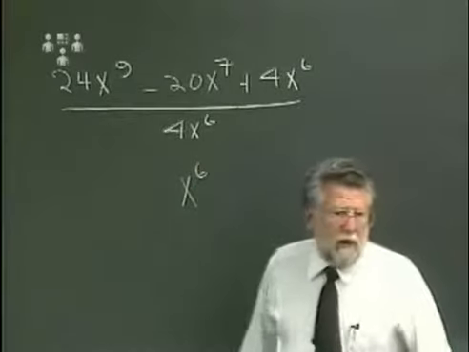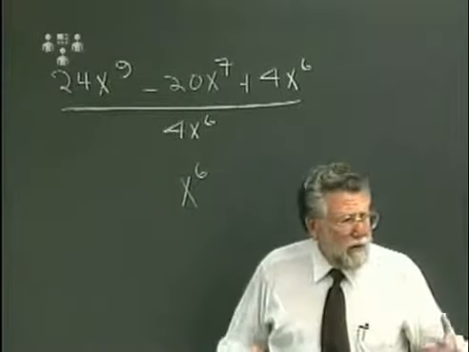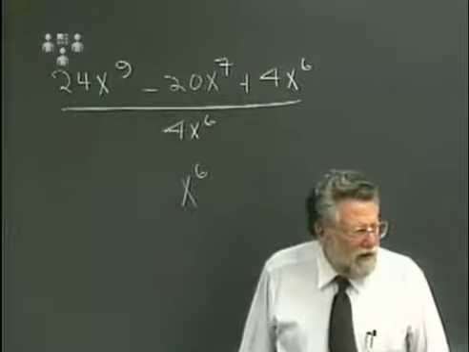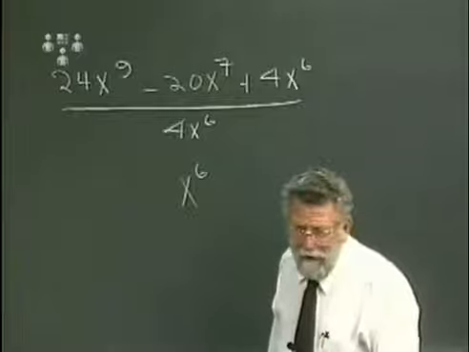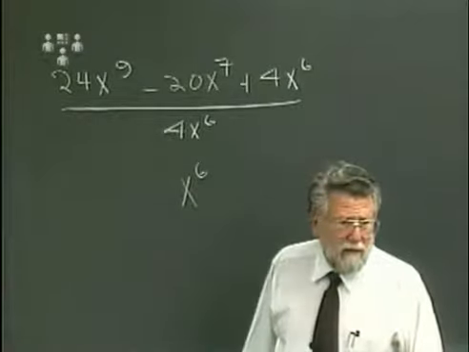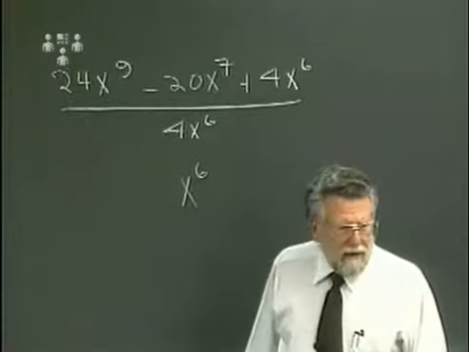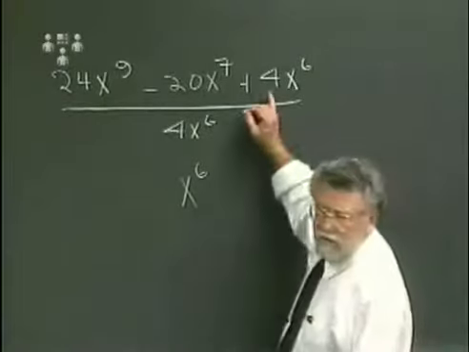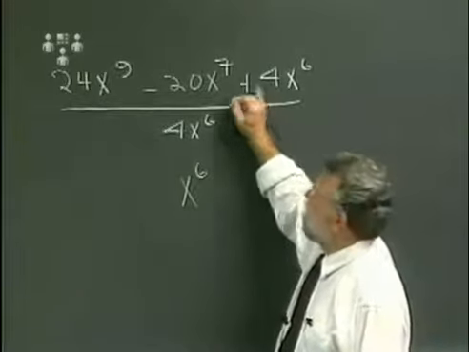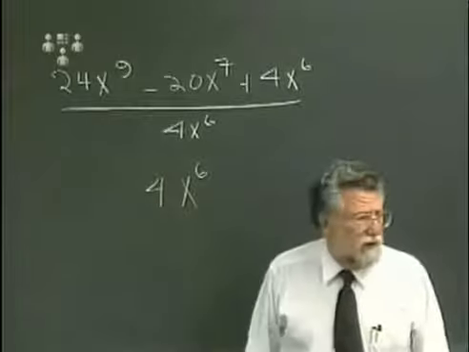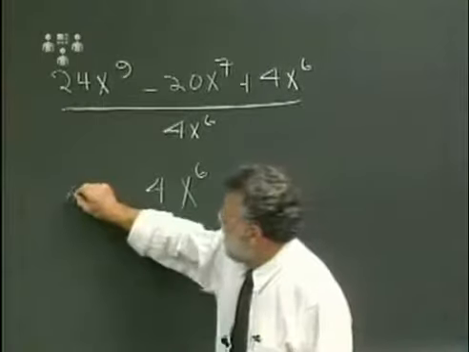Then I ask, and this is where you could technically write the list of all the divisors of 24, 20, and 4, or you can take prime factoring for all of them, or you can look up into the ceiling like what's that number, and then come back and say, oh, 4. Now, it's a dead giveaway because 4 is the only thing that will divide here, and then you ask, will it divide each of these? Yes. So the 4x to the 6th is your GCF.